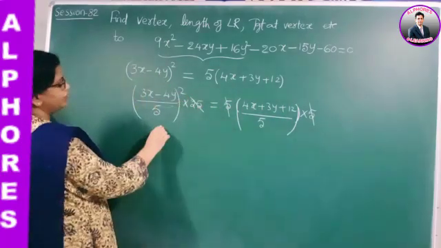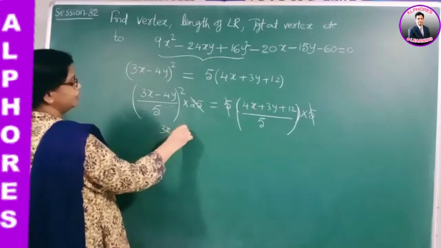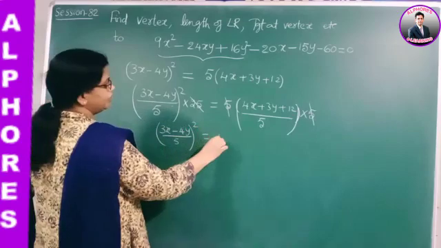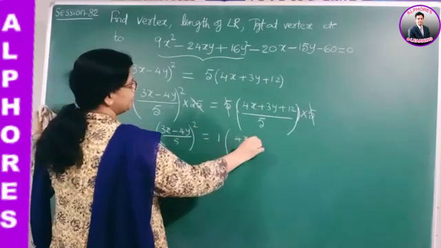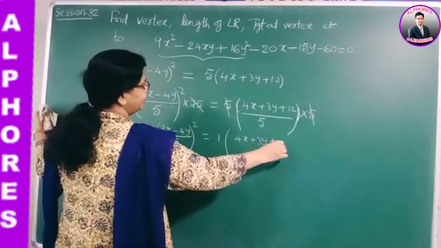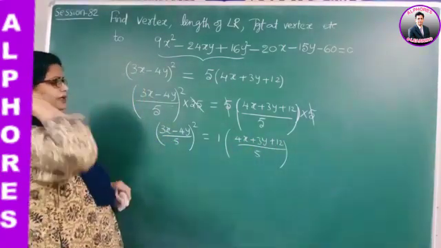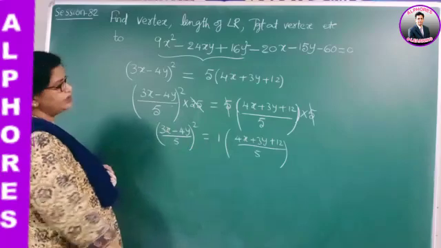Now the equation we got, what is the equation? ((3x minus 4y) by 5) whole square is equal to 1 into (4x plus 3y plus 12) divided by 5. Here we don't have mod; directly we got it in this way.